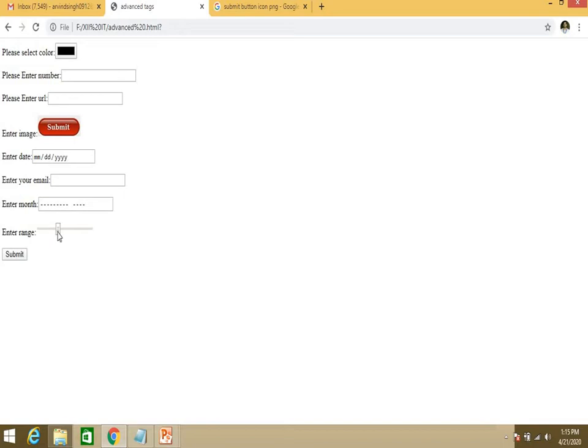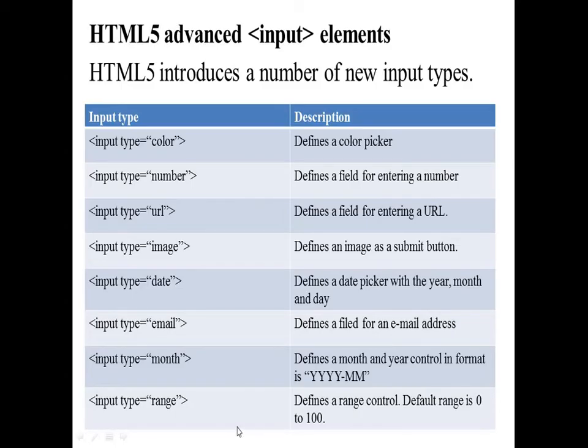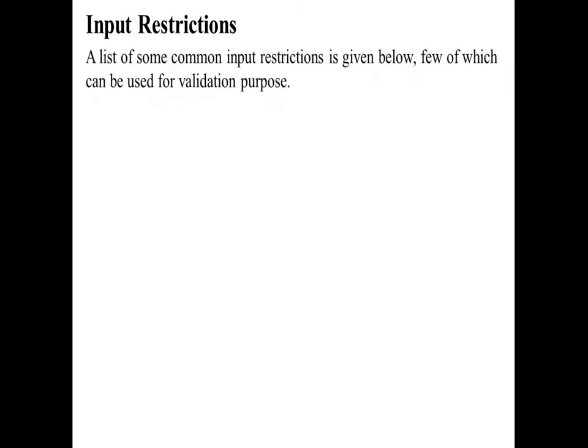See, this is the range. Okay, so we have covered all these input elements. The next thing is input restrictions: how you give restrictions to the input.